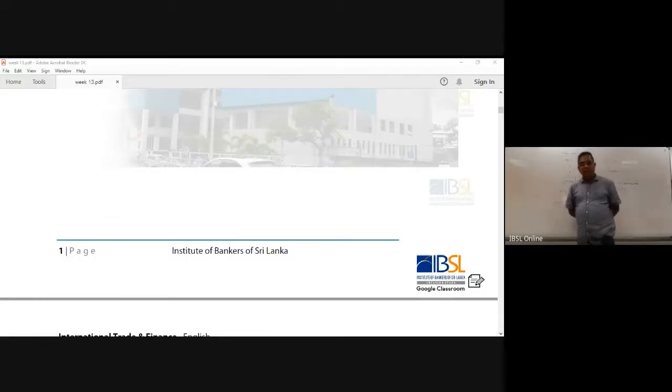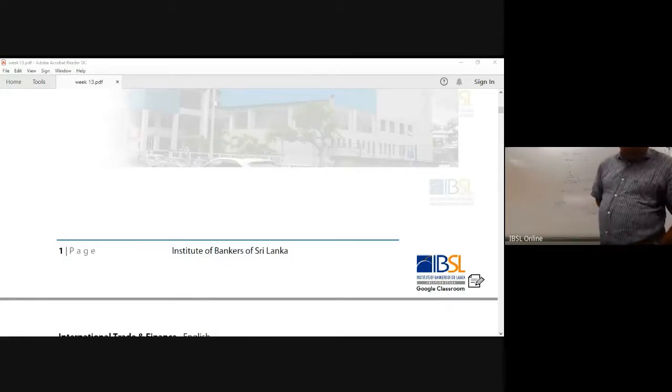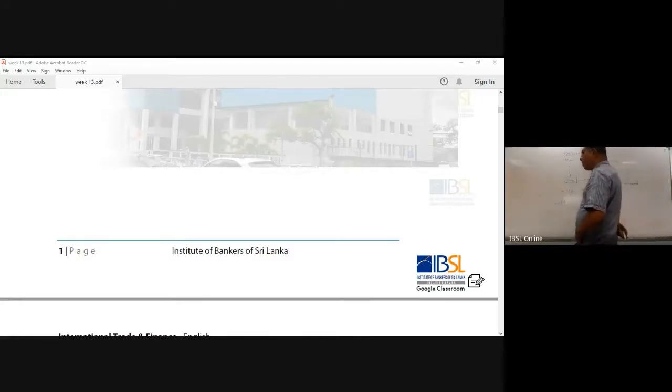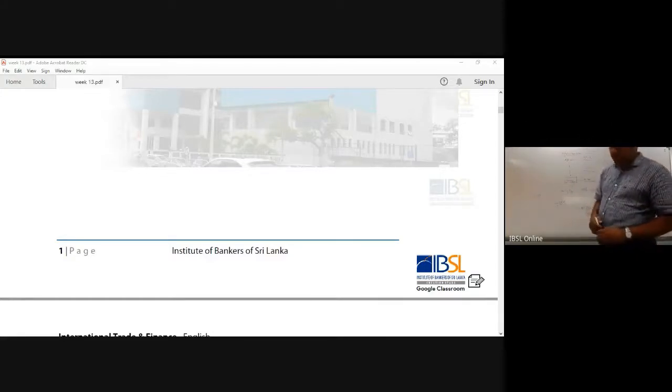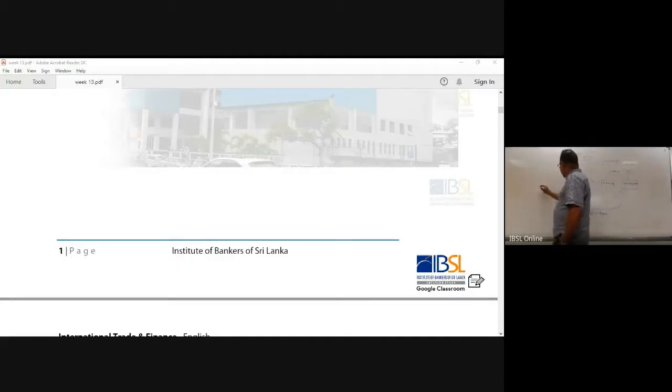Point 1: when an issuing bank determines that a presentation is complying, underline these words, it must honor.